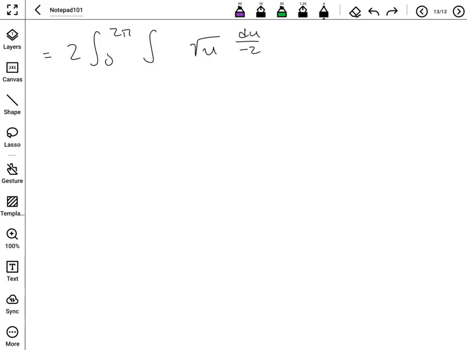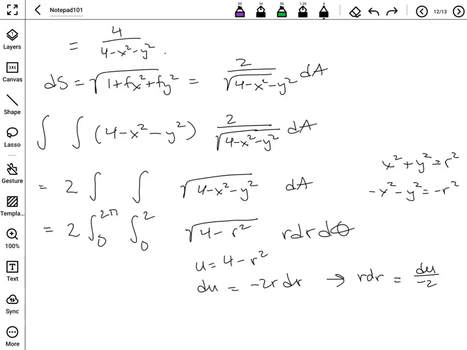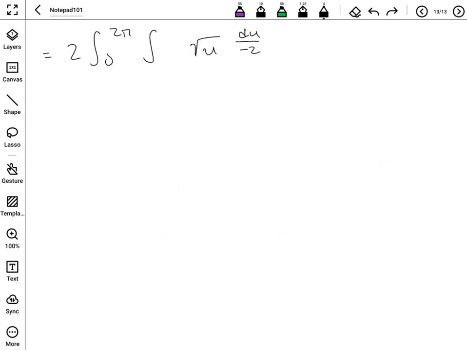And to make it easier for you as you continue the rest of the problem, I'll go ahead and change the bounds. You could choose not to change the bounds and just do the substitution at the end. U is 4 minus r squared. My 0 becomes 4.